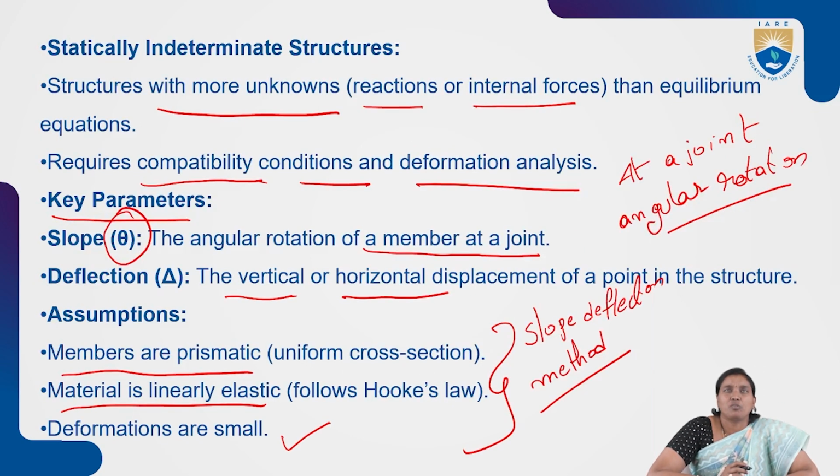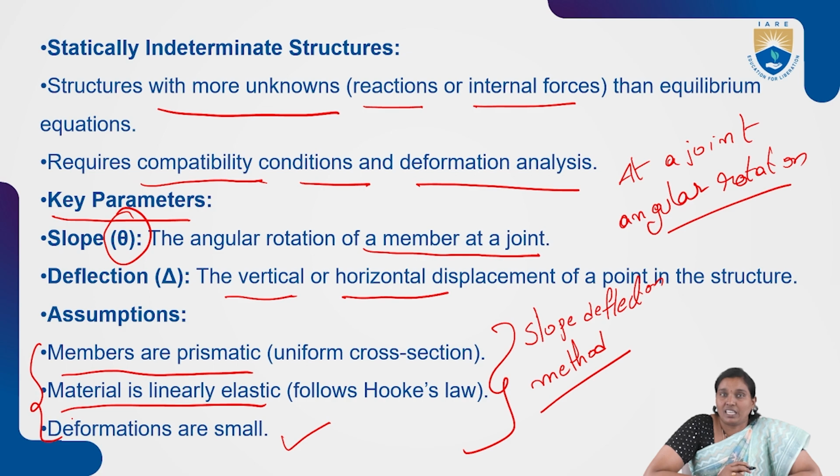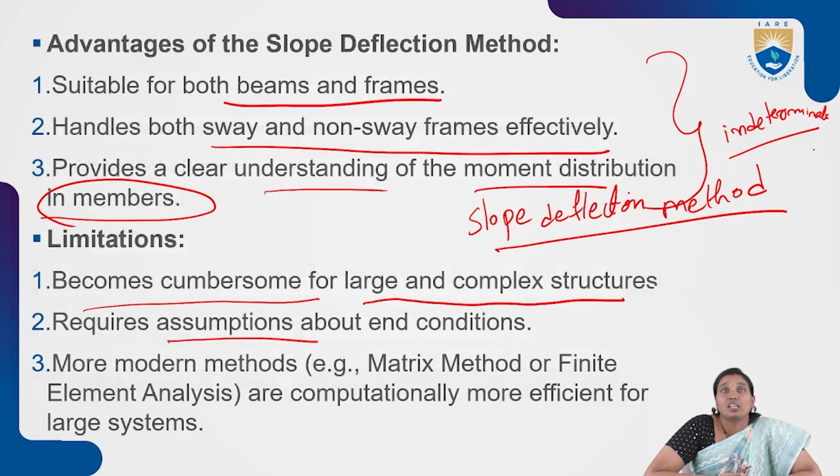The slope deflection method requires these assumptions: the material is linearly elastic and prismatic, and deformations are very small. These are the effective limitations for the slope deflection method. In all loading conditions, and for all the kinds of end supports, they are not negligible. So in those particular scenarios, this is going to be limited.